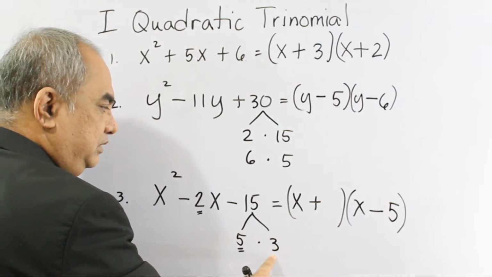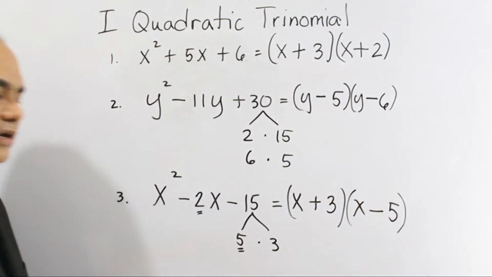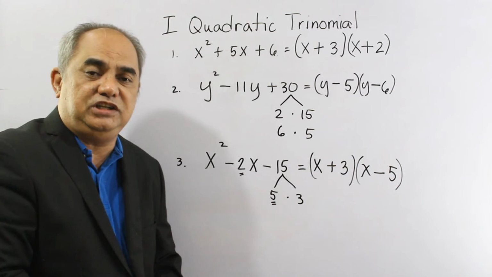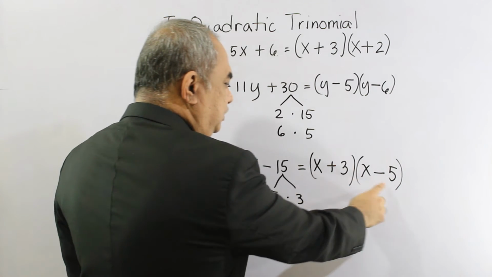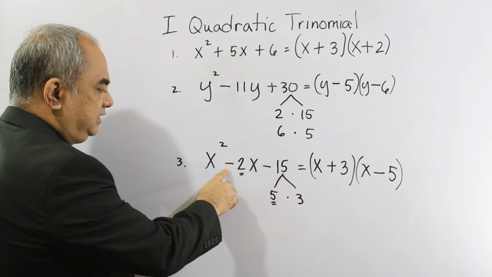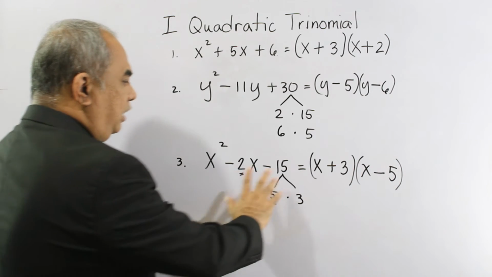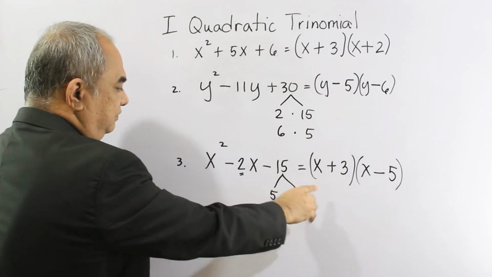And the number 3 here, or the factor 3 here, should be written in the positive side. You cannot interchange the position of these two factors because they will all depend on the sign of the middle term. Okay? So this is how we get the factors of trinomial.